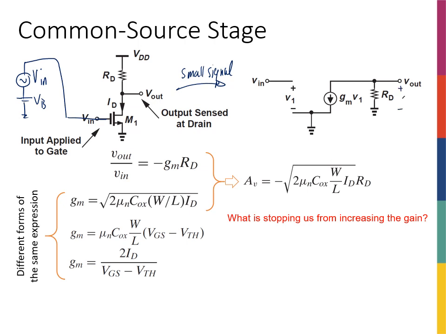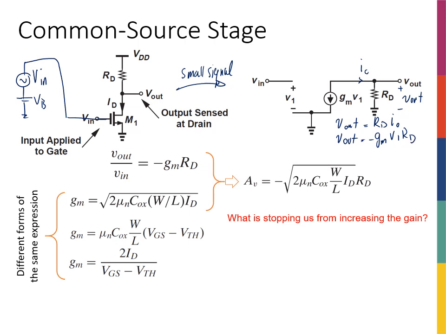Now, what would be Vout? If this is the definition of Vout, I know that Vout is equal to RD times some Iout. Let's say this is Iout. Since Iout is negative gm V1, because it's in the opposite direction, I can write Vout to be equal to negative gm V1 times RD.